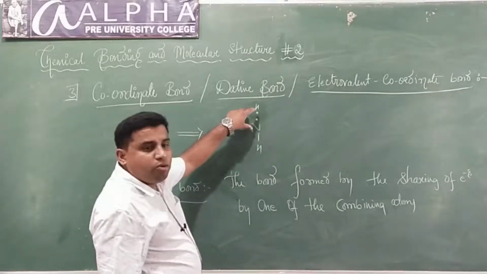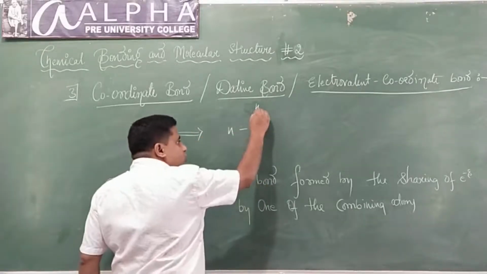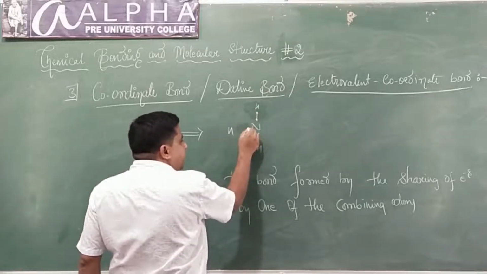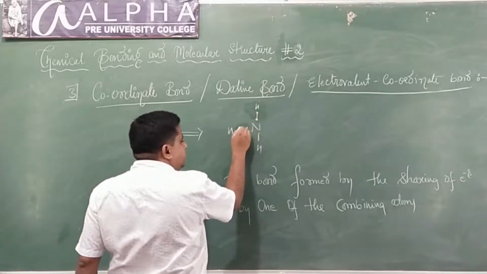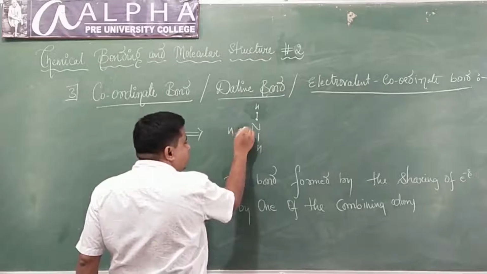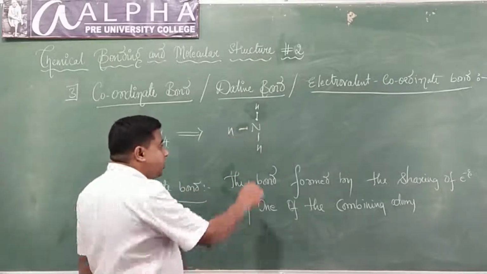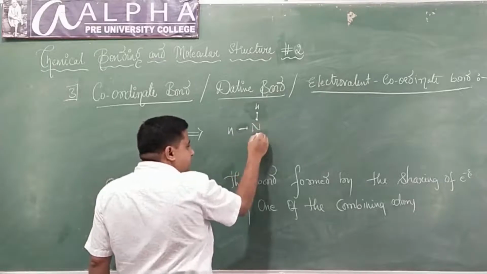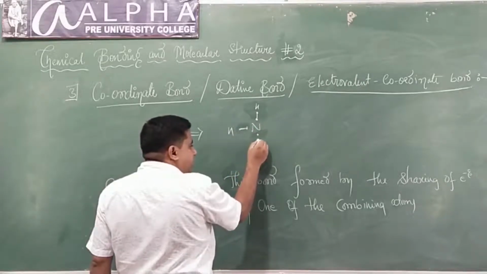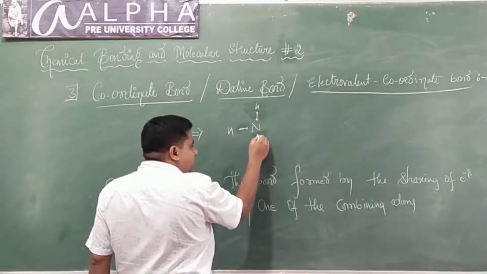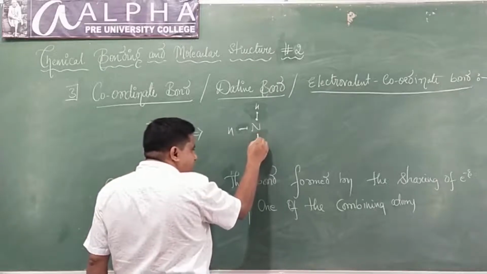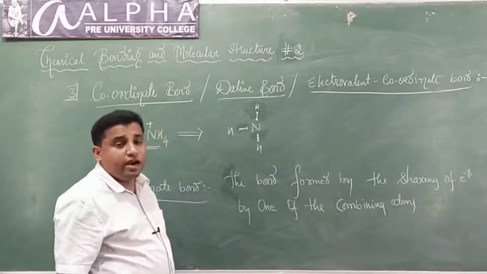The bond is formed by mutual sharing of electrons, therefore it is a covalent bond. The same is true for the other two bonds.